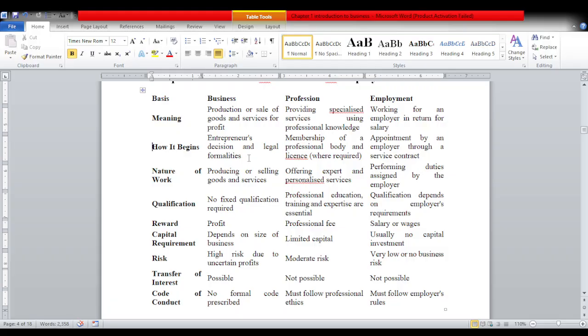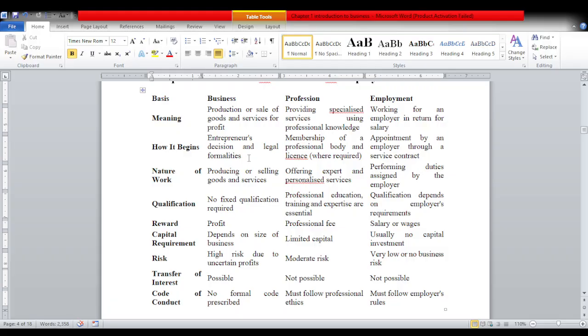So this kind of employment starts with providing service to the business. You make a service contract with the business, and as an employee you give your time as value to the employer, and the employer pays you a salary against your time. So this is how it begins.